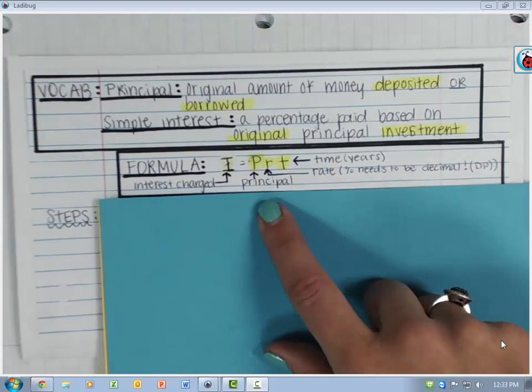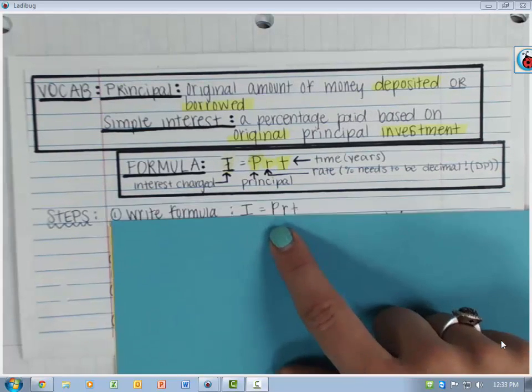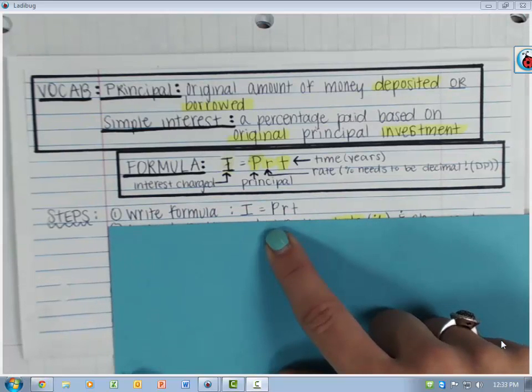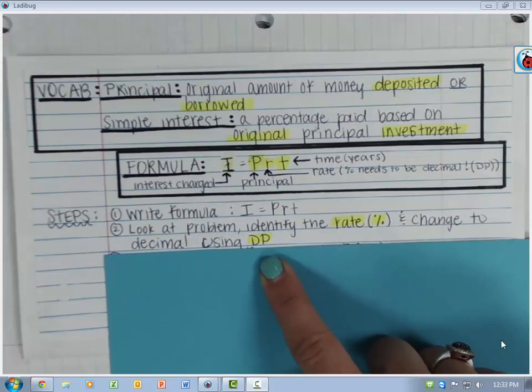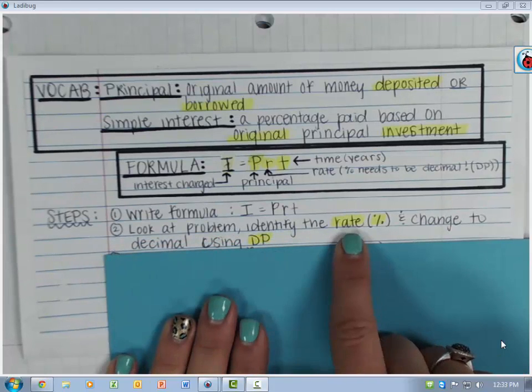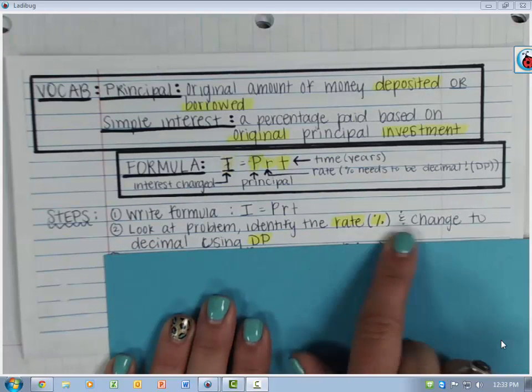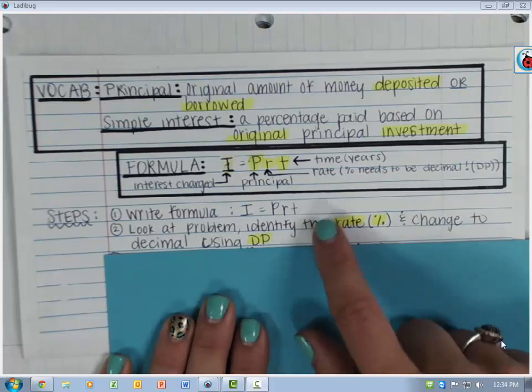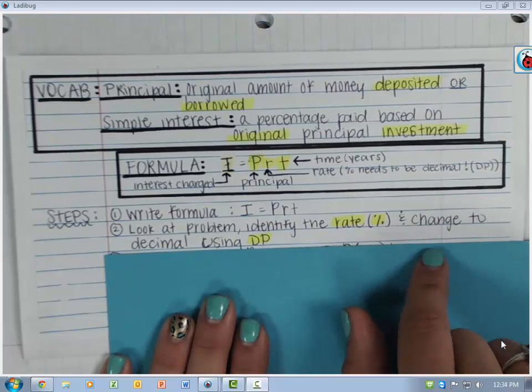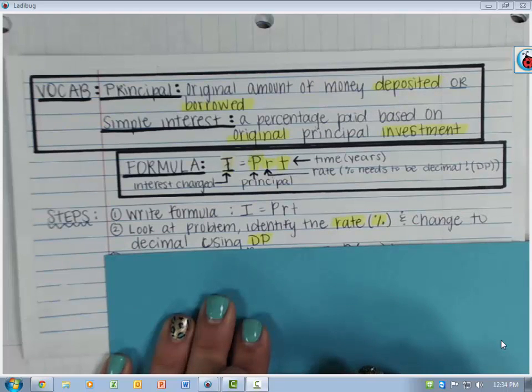All right. So step 1, write the formula. Of course, it's going to be our first step. Step 2, look at the problem, identify the rate, which is going to be a percentage. Your rate's always going to be a percentage. And change that to a decimal using DP. If we have 3%, you're going to put your 3 and move it over 2 places, and it's going to be 0.03.